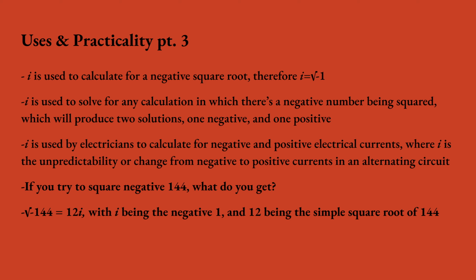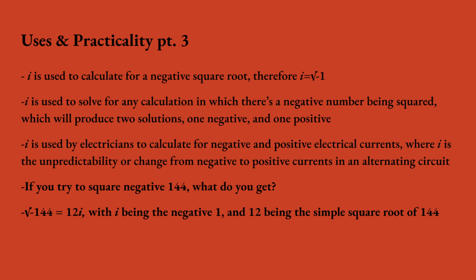Finally is i, which seems a little daunting, like how could that apply to real life, but it definitely does. It's used for alternating electrical circuits. So since i can represent a negative or a positive depending on how it's squared and such, it's often tacked onto the end of a number that is representing the wattage or the amp or the amplitude of a circuit.